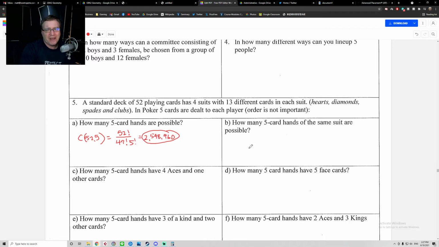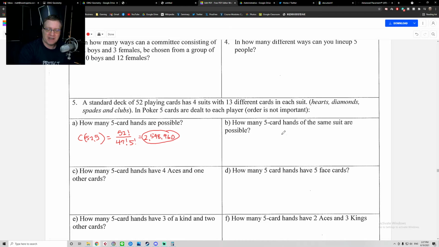The way we're going to do this is we're going to use the multiplication rule, and we're going to divide each of these things up into some steps. This question asks, how many 5-card hands of the same suit are possible?